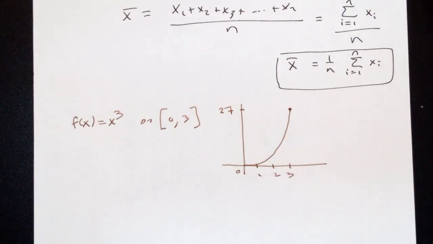Close enough. I want the average of the values that come out. But there are infinitely many of them.